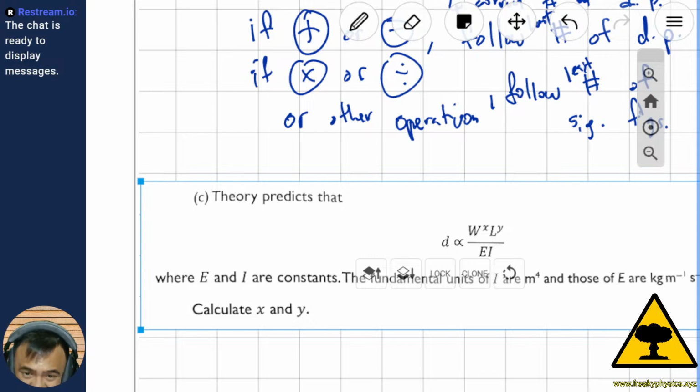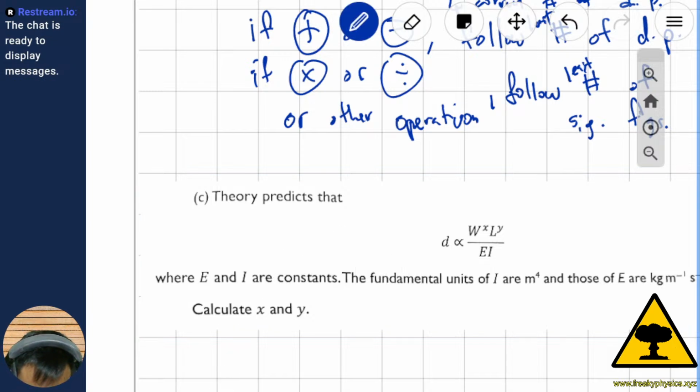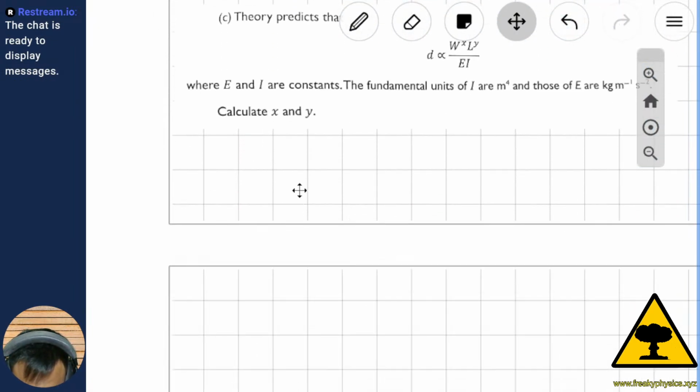I'll put the graph up. So theory predicts that that's the equation where E and I are constants. Fundamental units of I are those and those.